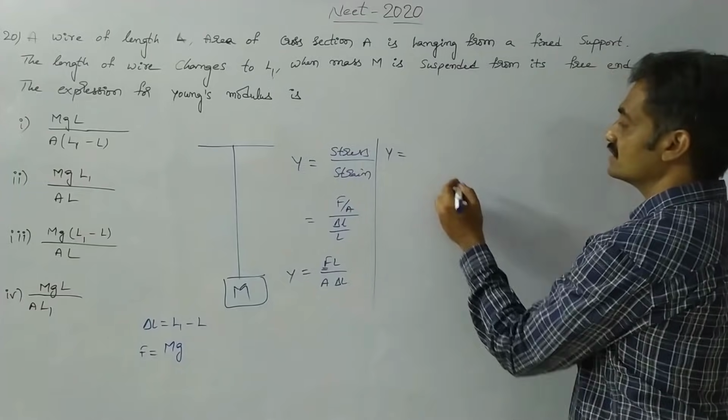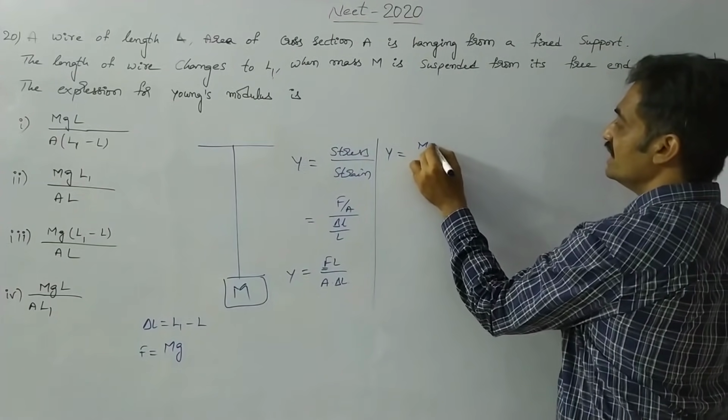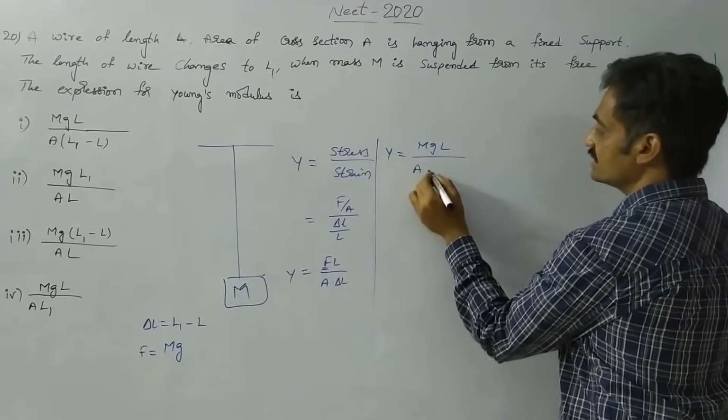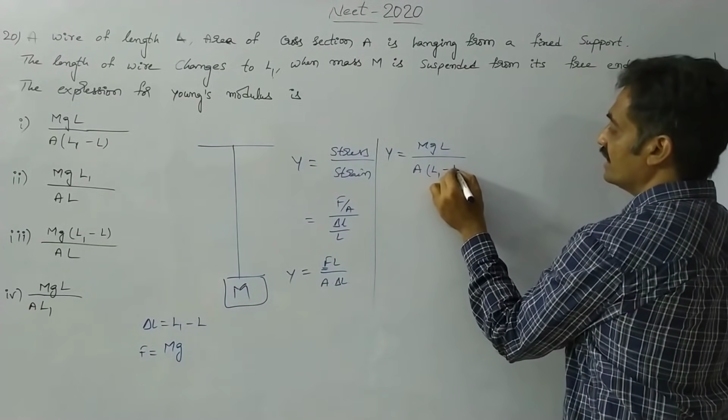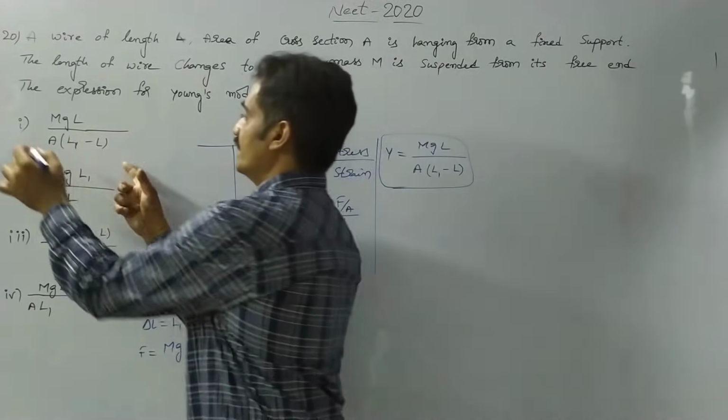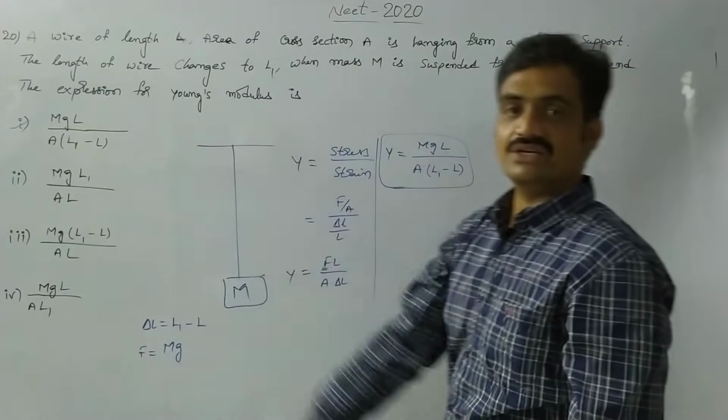If we substitute these values, we have mgL by A into (L1 minus L). So option will be 1. Take a screenshot, we will continue.